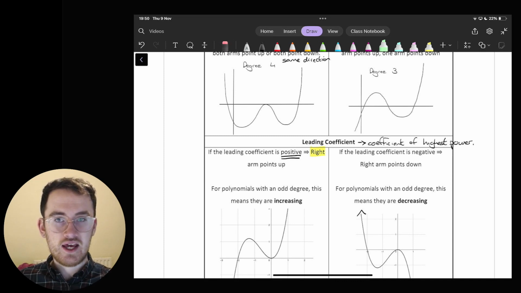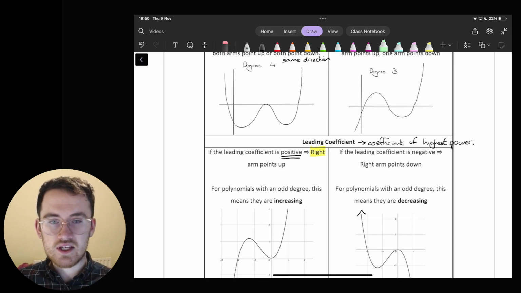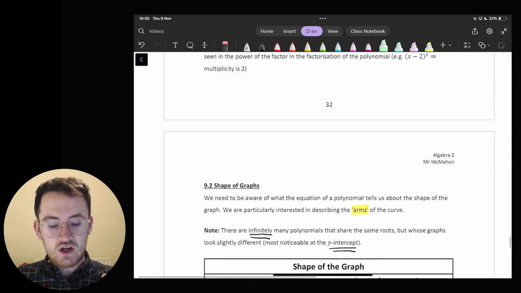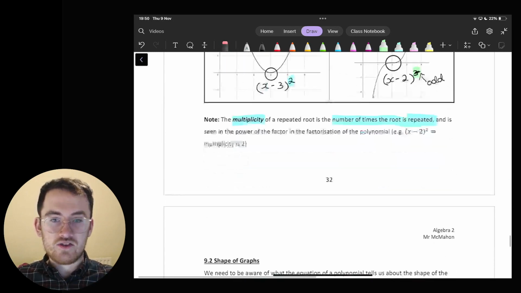We'll be able to spot mistakes if we've made them, and even generally be able to spot graphs if we're given them. So having a better understanding of what we think graphs should look like based on the information that we have is all really important, to have that sense of understanding of the roots and of the shape of your graphs.